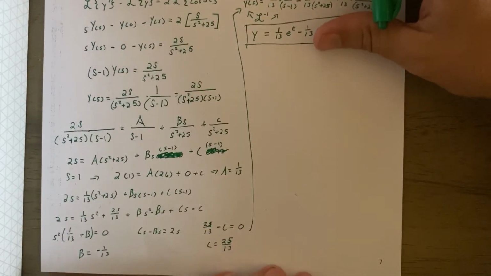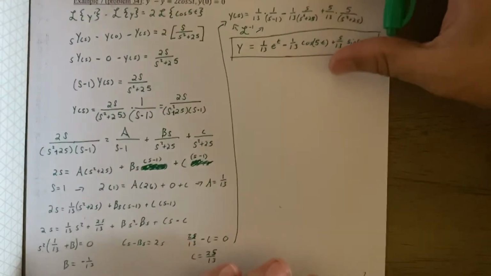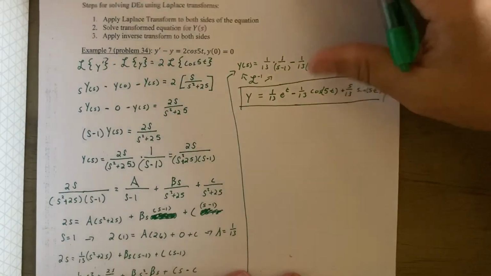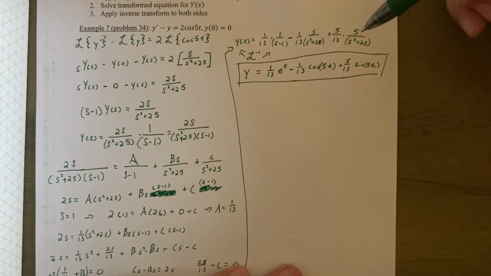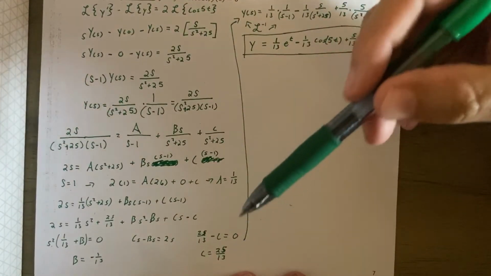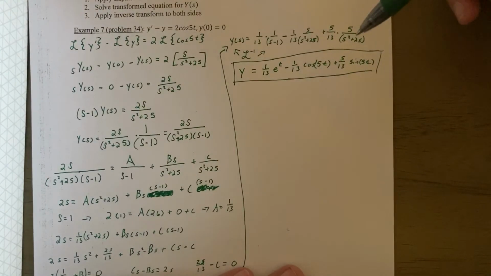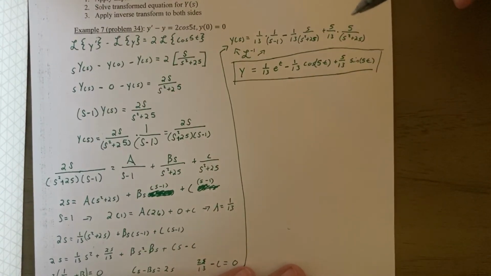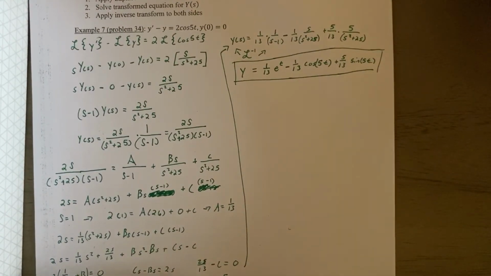Again, if you notice, our c was 25 over 13, but here we weren't going to have an s, so we needed a k. So we were going to need to somehow get a 5 up here because k is 5 in this instance. So what we did was we broke up 25 over 13 to just 5 over 13 times 5.